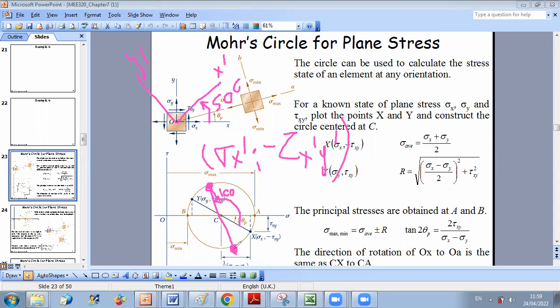And this point here will represent sigma y prime, plus tau x prime y prime. And geometrically, from simple geometrical analysis that we'll do together in problems, you can find what is sigma x prime, what is tau x prime y prime, what is sigma y prime, and then you can define the state of stress relative to any orientation you want using geometrical properties in Mohr's circle.